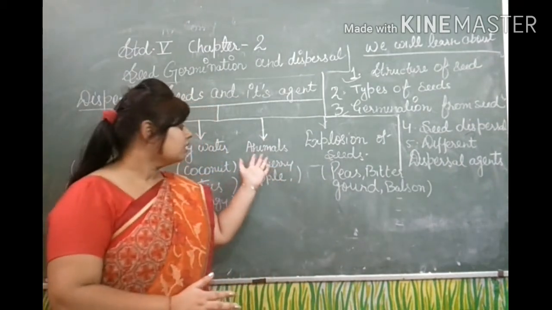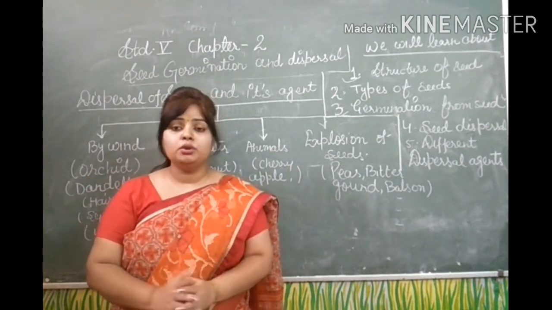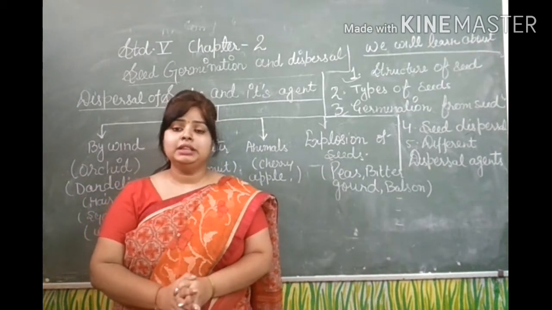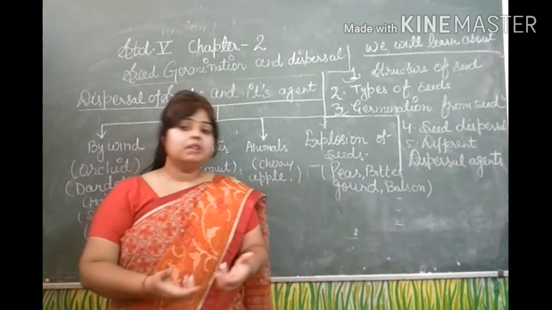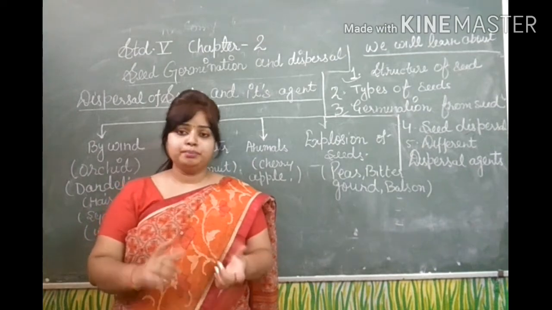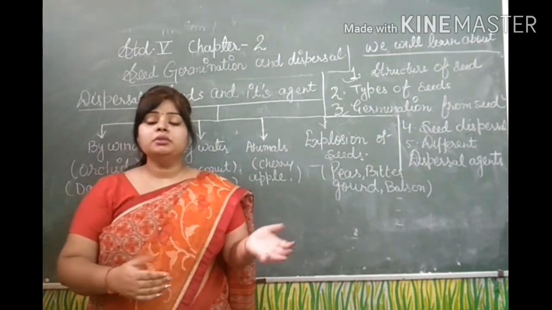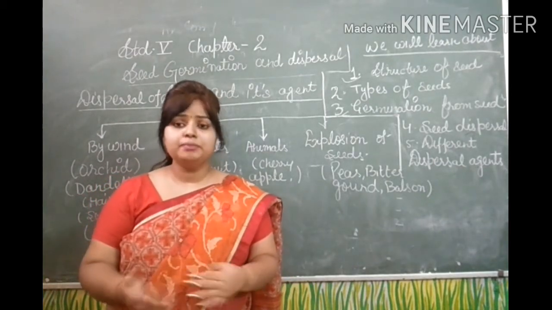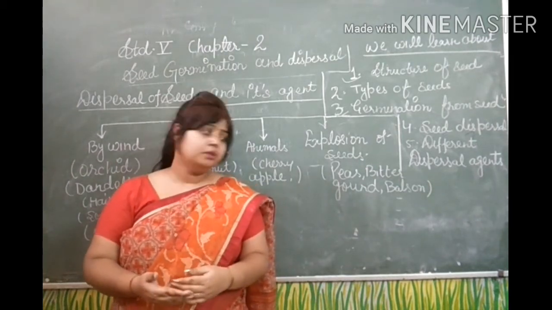Some fruits are very juicy and sweet in taste, so some animals and some human beings eat the fleshy part of the fruit and leave the hard part inside the fruit, that is the seed, and it is dispersed and falls off here and there. After some time, the seeds will germinate and give rise to a new plant.